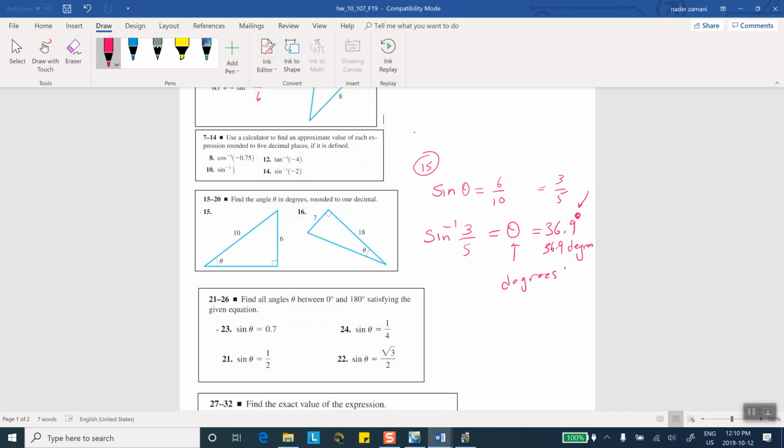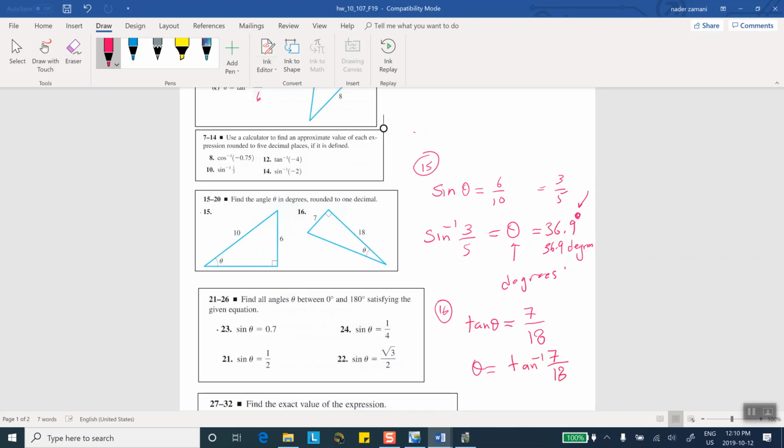Let's do number 16. Number 16, what do we have here? It looks like we have tangent, right? Tangent of theta, because we have the opposite and adjacent sides, you might as well use tangent directly. Tangent of theta is equal to opposite over adjacent, which is 7 over 18, or theta is equal to tan inverse of 7 over 18.